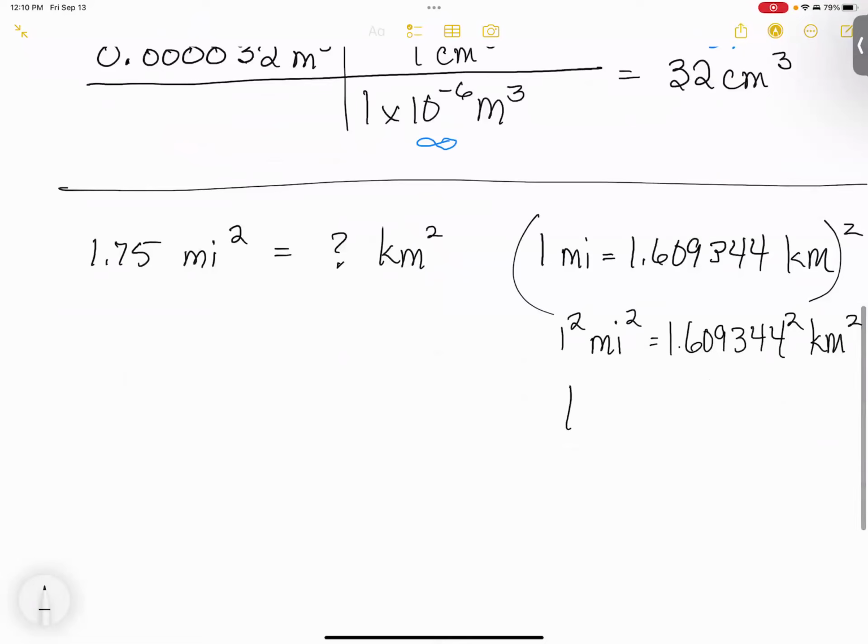Or in other words, 1 mile squared is equal to 2.589988 kilometers squared. Now that it is squared, we can use this conversion factor.